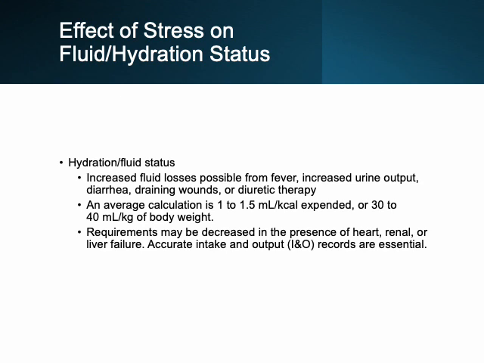An average calculation is 1 to 1.5 milliliters per kilogram expended, or 30 to 40 milliliters per kilogram of body weight. But requirements may be decreased in the presence of heart, renal, or liver failure. So this should tell you, in terms of nursing interventions, that accurate intake and output are essential to your patient care.